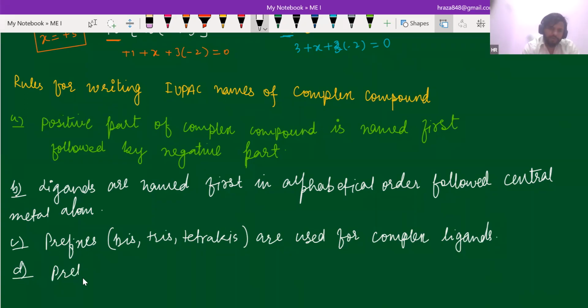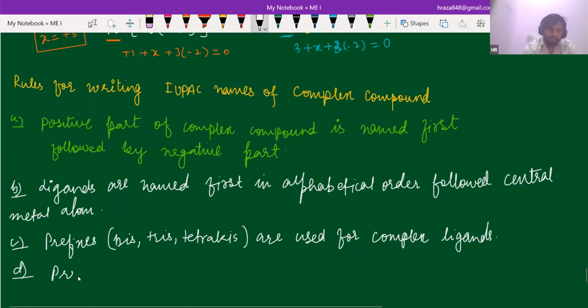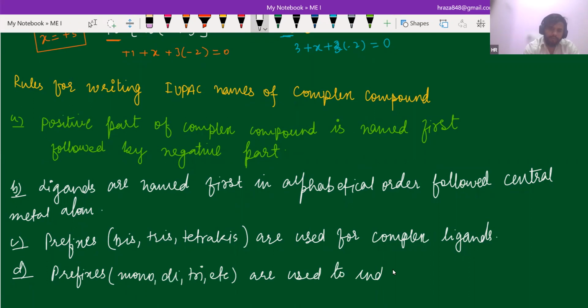The prefixes mono, di, tri, tetra, etc. are used to indicate the number of ligands, which are elementary ligands.